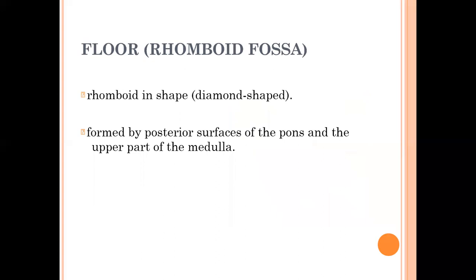Coming to the floor, or the rhomboid fossa. The floor is diamond shaped. It is formed by the posterior surface of the pons and the upper part of the medulla oblongata. Because of the diamond shape, it is also known as the rhomboid fossa.